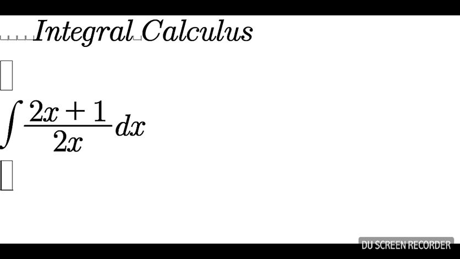Given this particular question, the integral of (2x plus 1) divided by 2x dx, that is, we are asked to integrate (2x plus 1) over 2x. How do we do it?